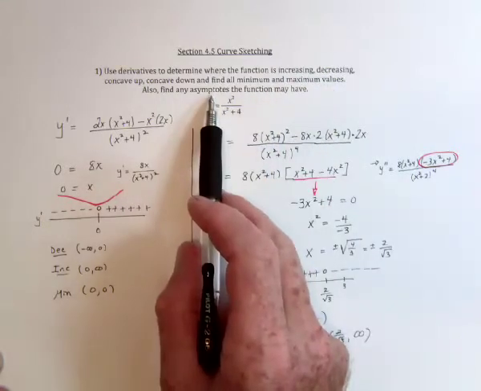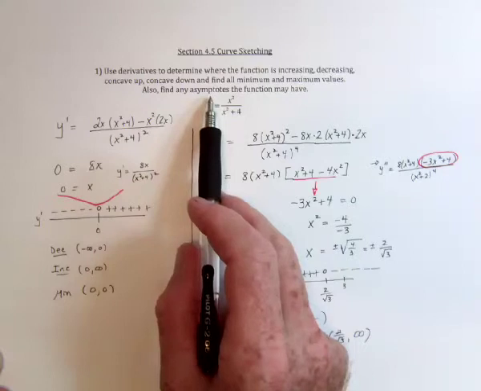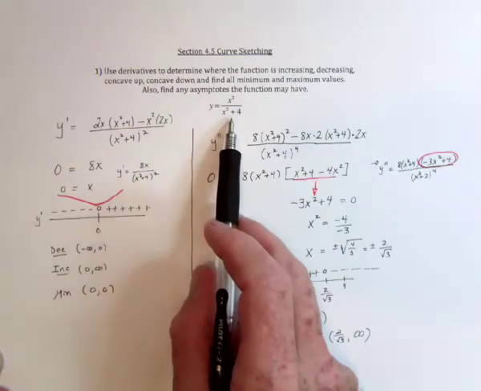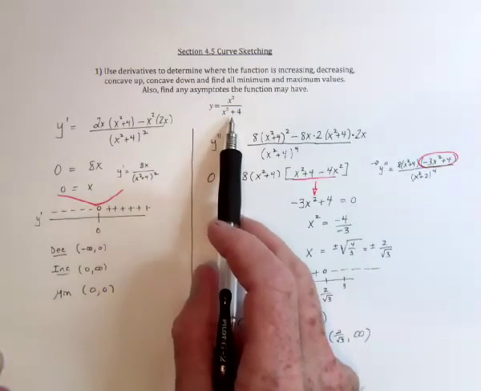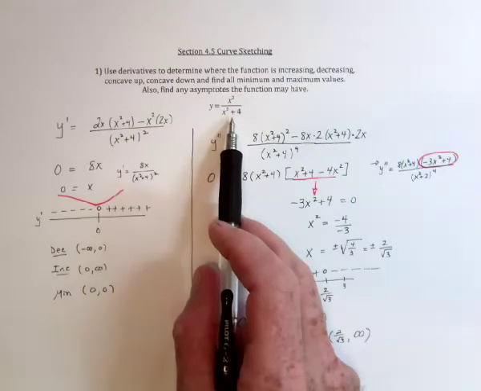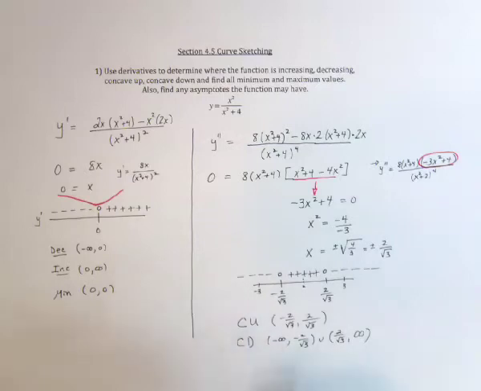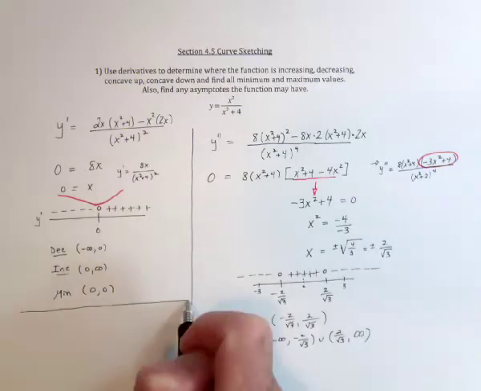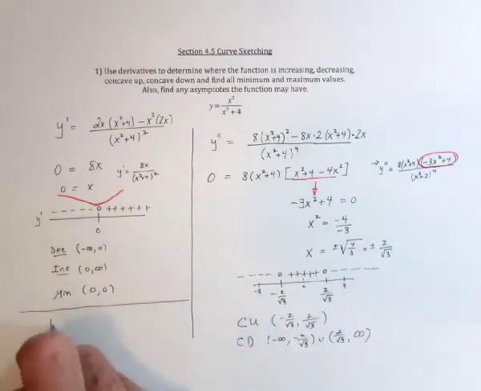Any asymptotes? Well, a vertical asymptote would happen if this was undefined, and x squared plus 4 is never going to equal 0, so that's not going to happen. The other one is horizontal asymptote. So take the limit as x goes to infinity to find out, does this function level off?